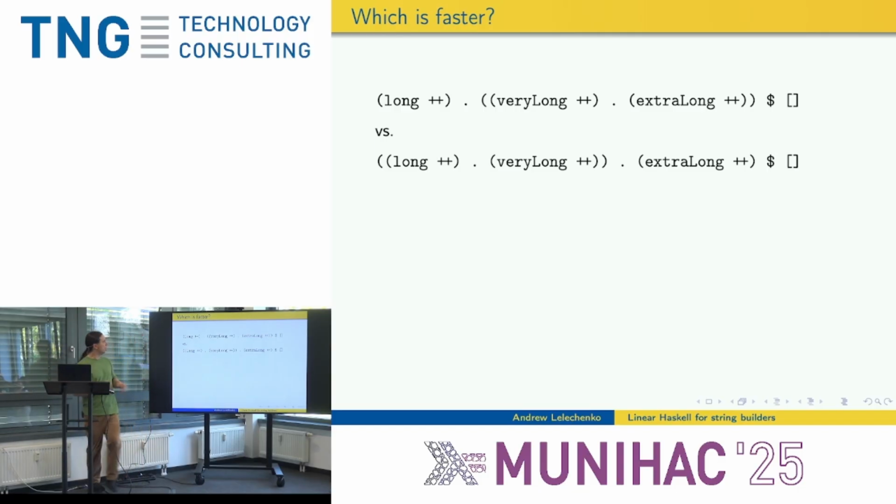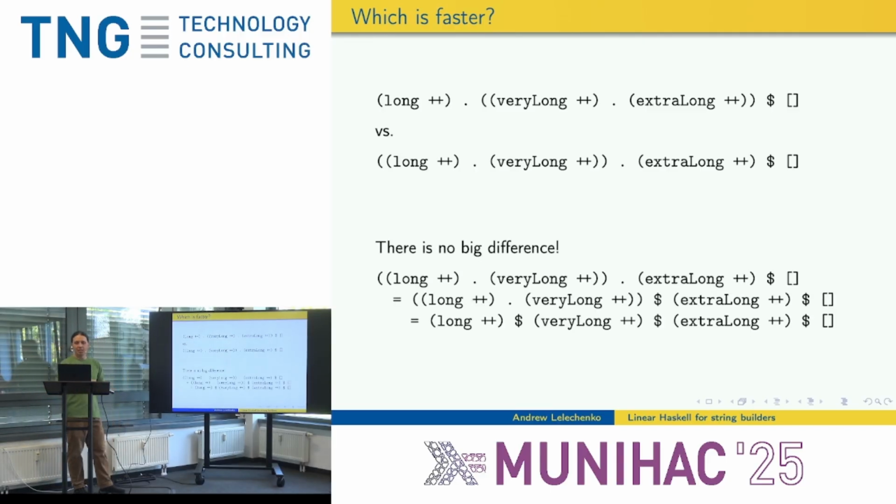You can see that in this case, I compose long plus plus and this. And in the second example, I compose this and extra long plus plus, and I apply these functions just to an empty list. It appears somewhat surprisingly after my introduction that there is no big difference.